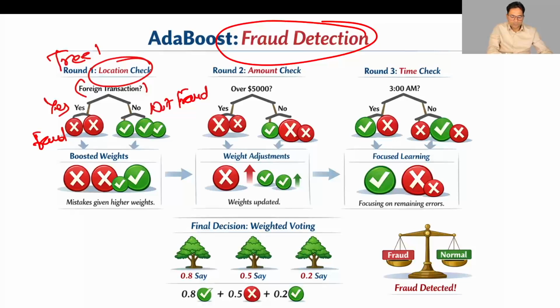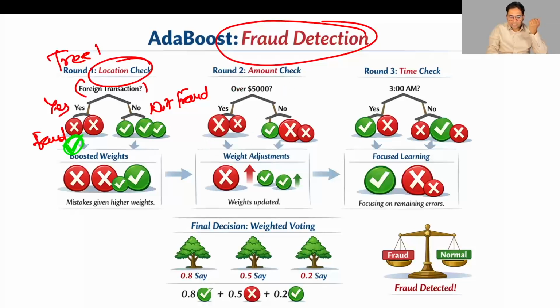Out of them, in foreign transactions also, some of them can be not fraud, so there can be some legitimate transactions here. But whichever are fraud transactions here, in the next iteration, in the next tree, those weights will be increased by the amount of say, e to the power alpha m.